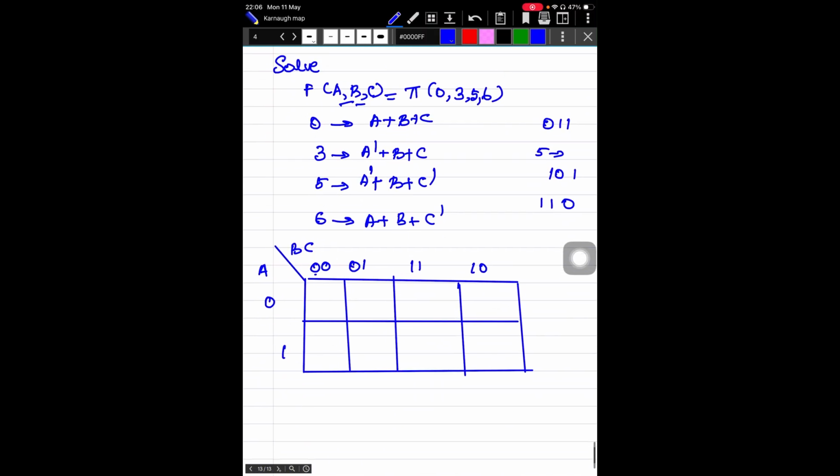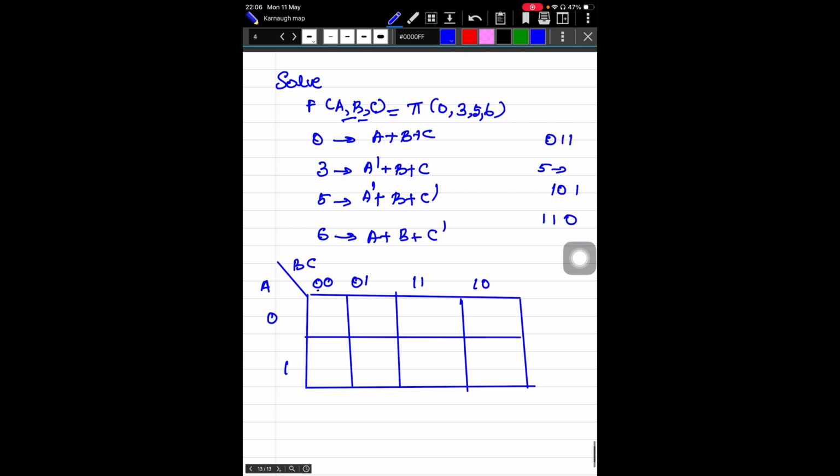Now we have to put zeros for all of these. In the case of sum of products, we plotted 1 for the numbers which were given. Here you should plot zeros for the numbers which are given. So, 0 is A plus B plus C. Where do I plot here?